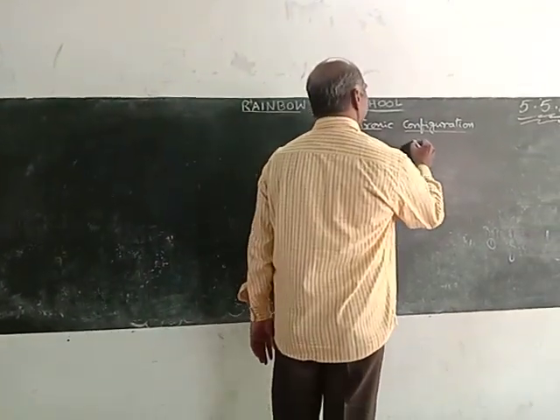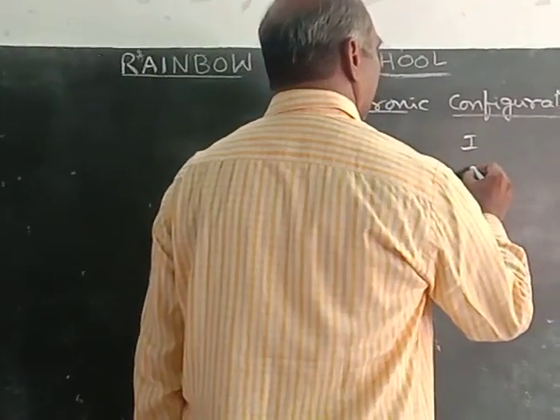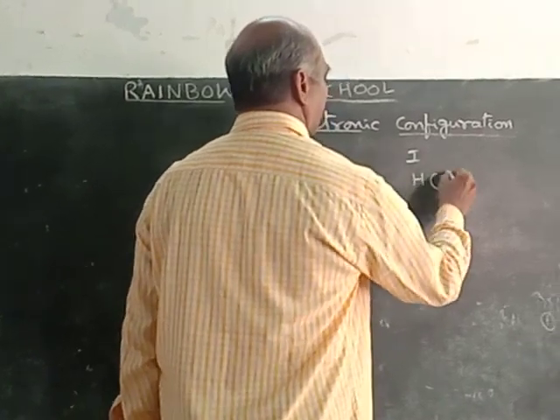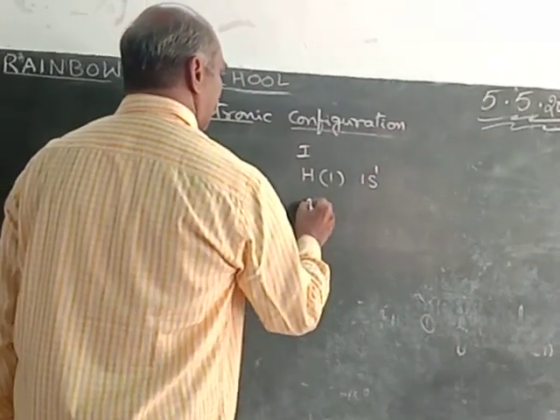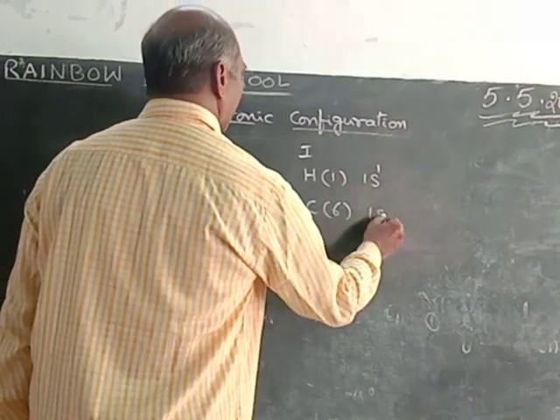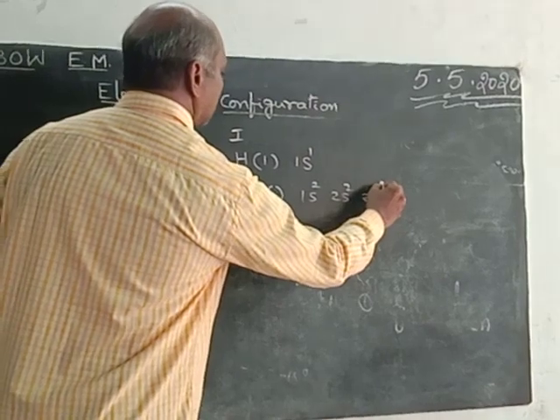This electronic configuration is of three types. First one: suppose hydrogen, atomic number 1, configuration is 1s1. Carbon, atomic number 6: 1s2, 2s2, 2p2.